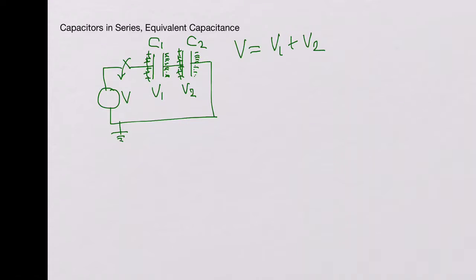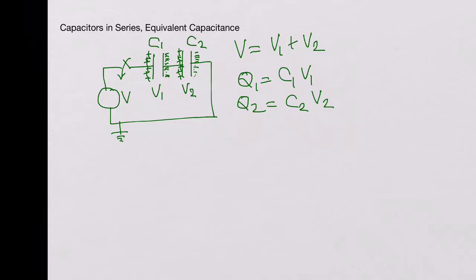Now we know that the charge across the first capacitor C1 is Q1, which is C1 V1, and the charge across the second capacitor Q2 is C2 times V2.